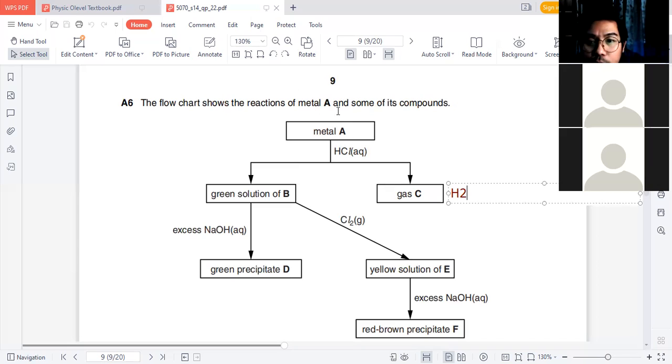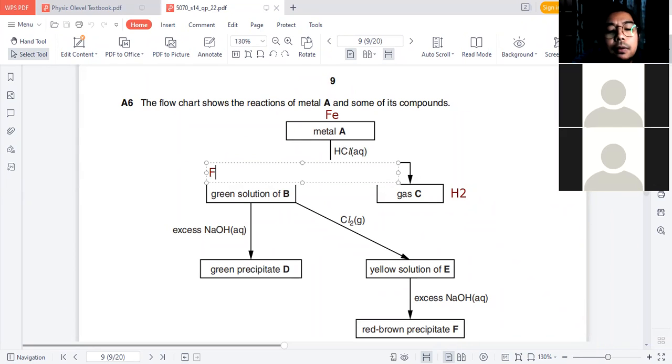So I'll put Fe here. If Fe reacts with HCl, a chloride salt will be formed because you use hydrochloric acid. So it is FeCl2.